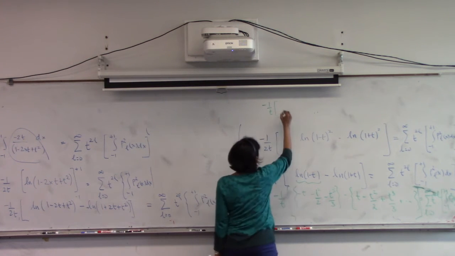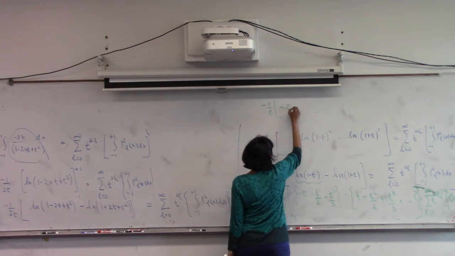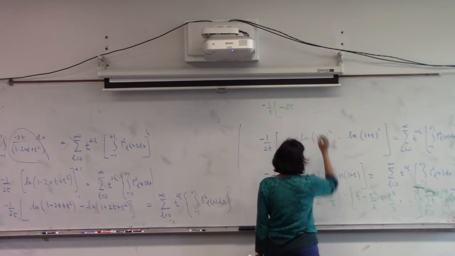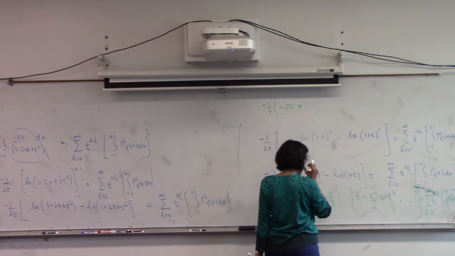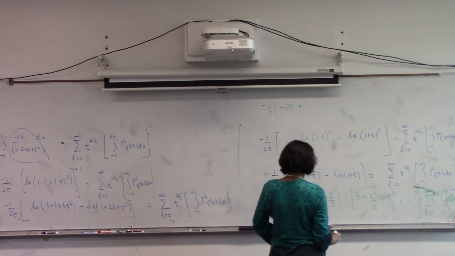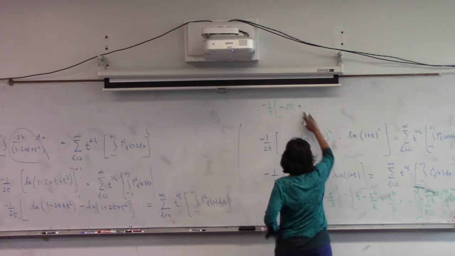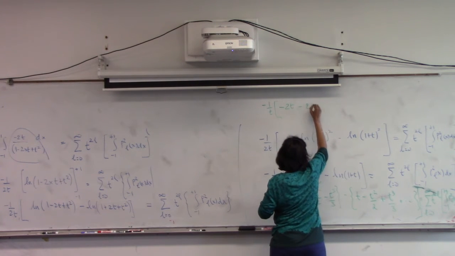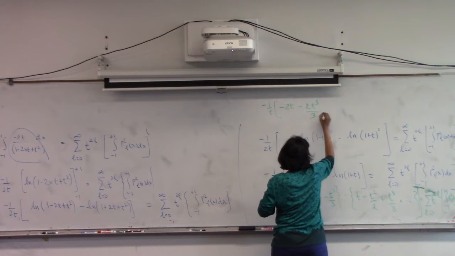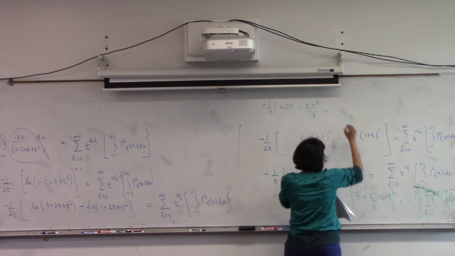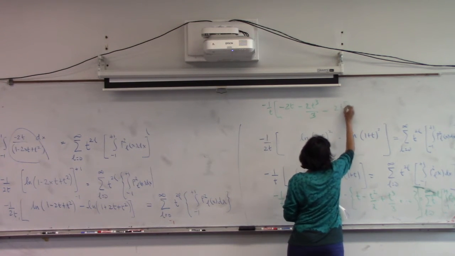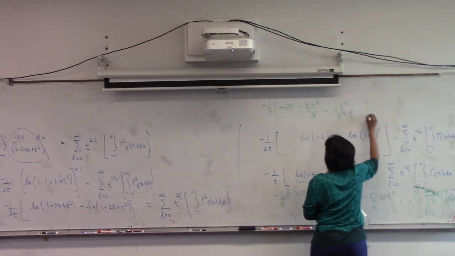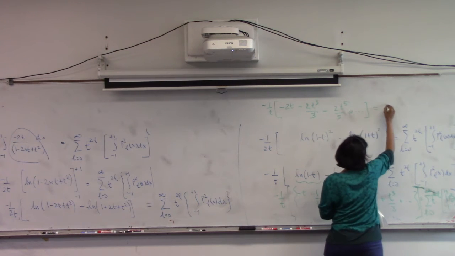I have a minus 2t, right? That even term will cancel, plus, is that what it is? It's 2t, yeah, okay. The other one is all of the negative terms. This is what you have.